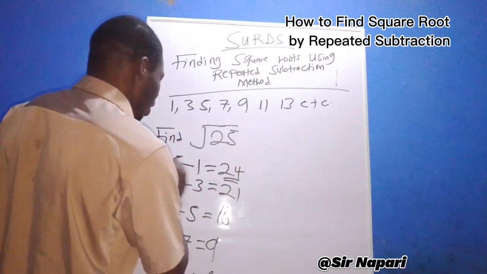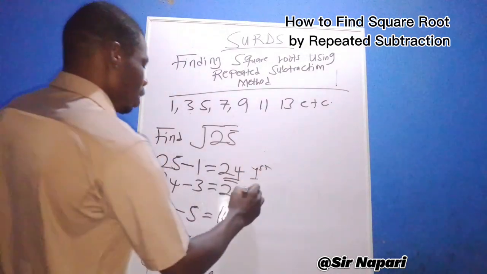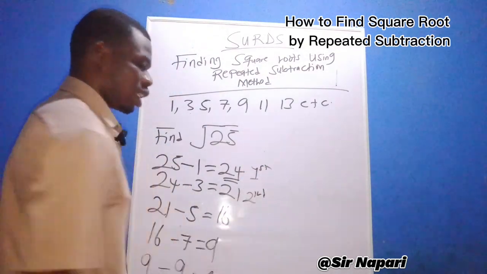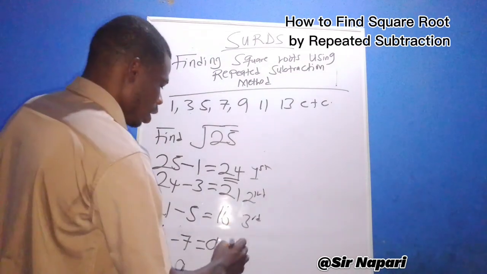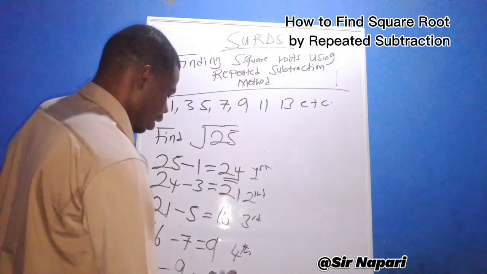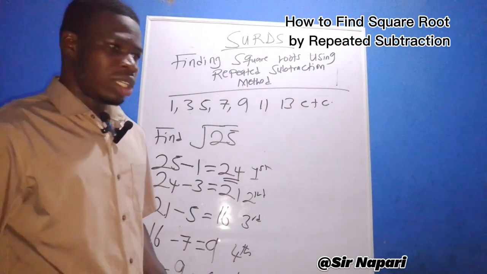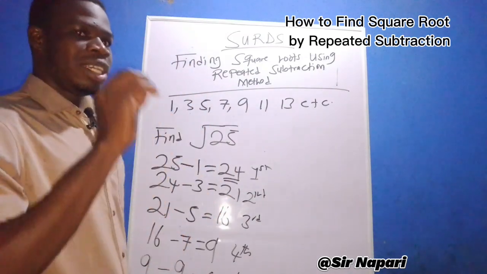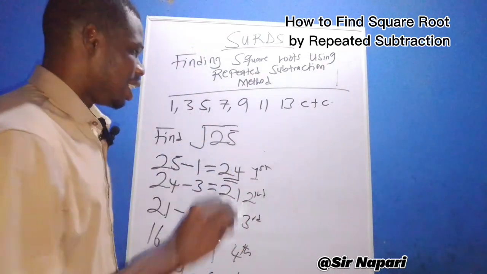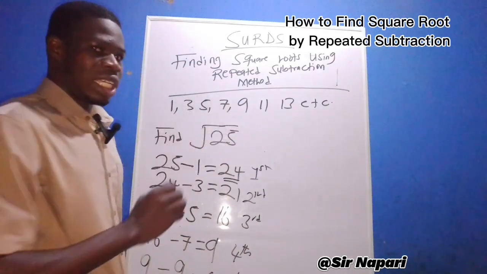This is our first subtraction, our second, our third, this one is our fourth, and this one is our fifth. So the number of times you did the subtraction is equal to the square root of the given number.